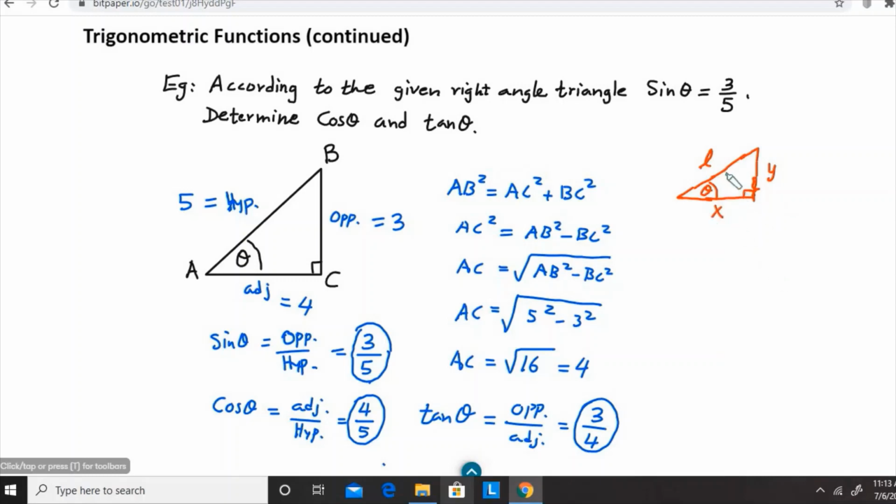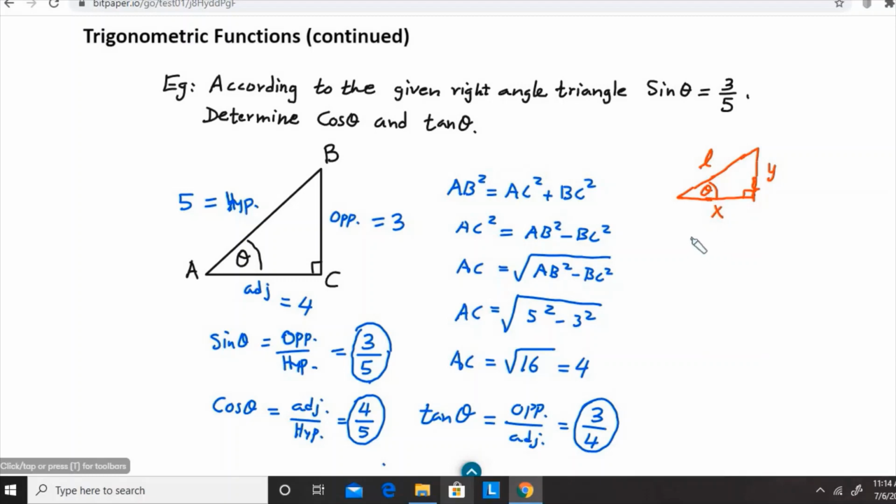How are we going to do that? We can simply use the definitions of sine theta and cosine theta to do this. We need to identify that L stands for the hypotenuse, this Y stands for the opposite side, and this X stands for the adjacent side relative to this angle. That's the first thing that you need to identify.